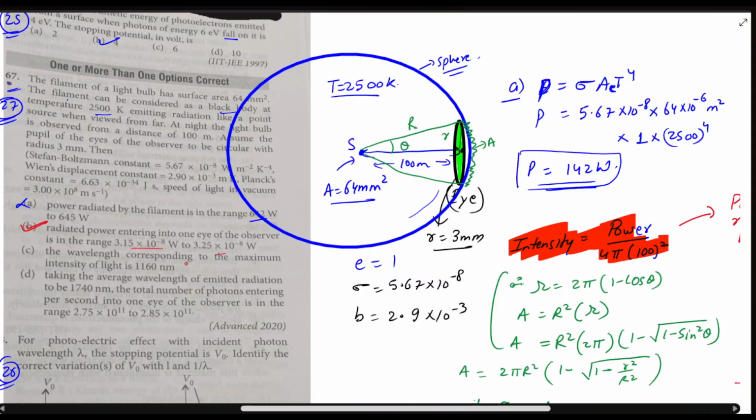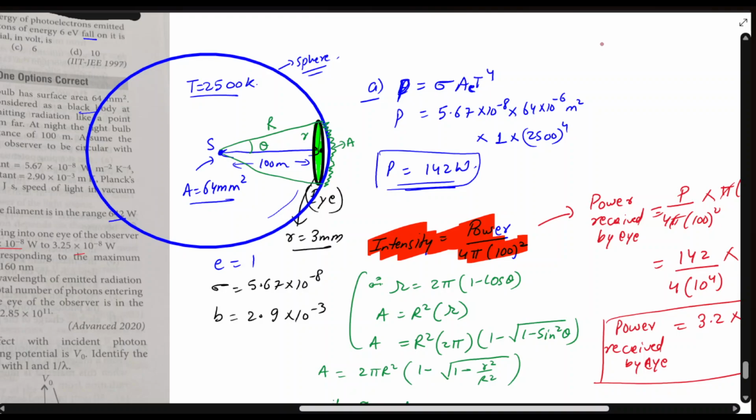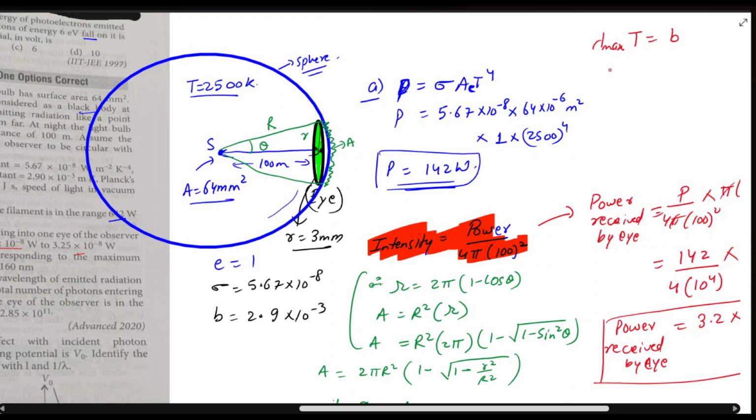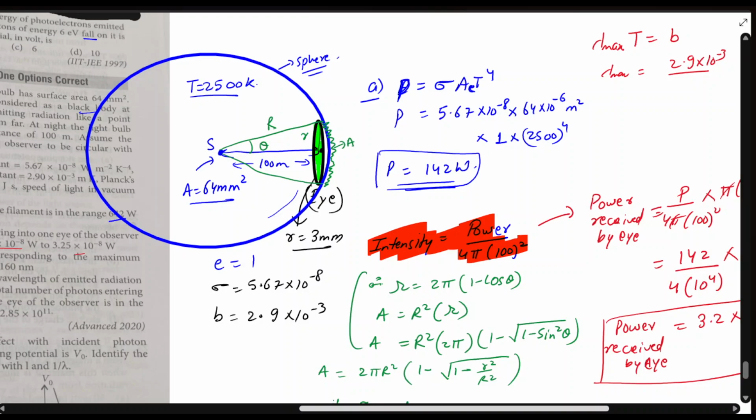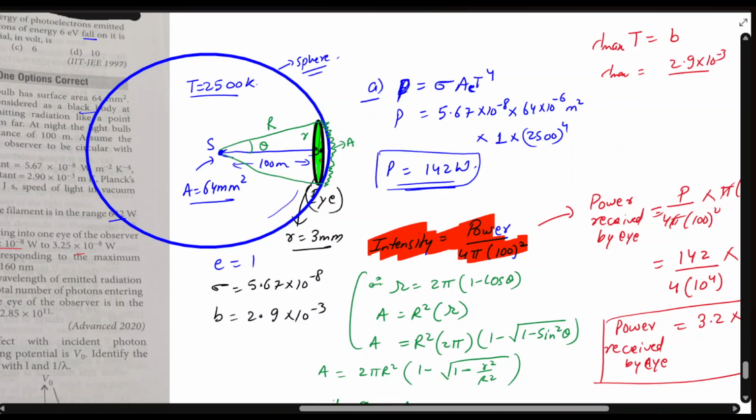So it is saying if the wavelength corresponding to the maximum intensity is 1160. So we have to find the wavelength. This is quite easy. We know lambda max into T will be equal to Wien's constant, right? So lambda max will turn out to be 2.9 into 10 raised to power minus 3 divided by this temperature.